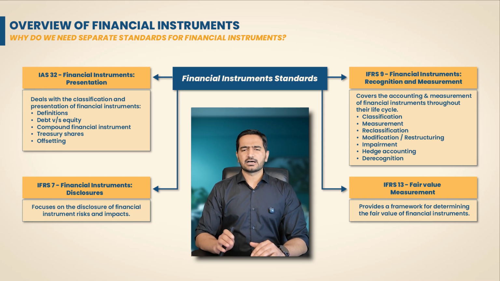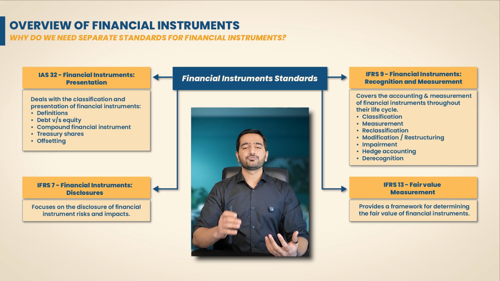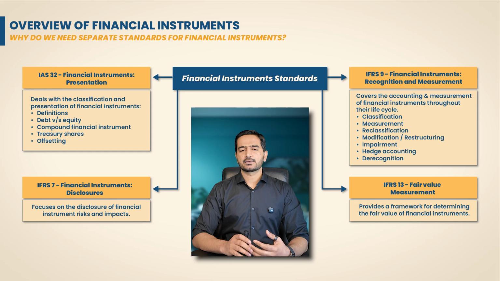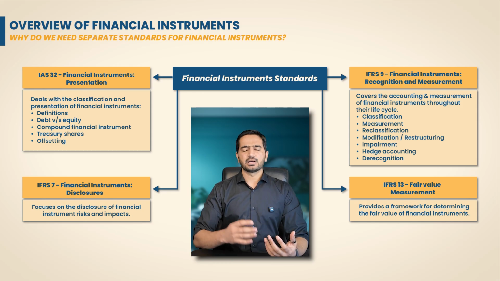Now my friends, IFRS 13 is not exclusively a financial instrument standard. It is general standard that applies across all the IAS and IFRS where fair value measurement is required. But as you will see when we go through IFRS 9, many financial instruments are measured at fair value. So IFRS 13 becomes very relevant for us.